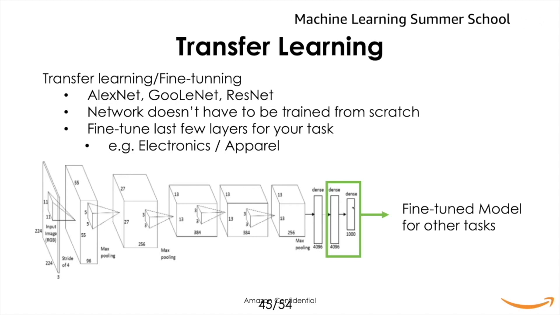Okay, suppose AlexNet trained on ImageNet has a 1,000 dimension layer at the end, and if your classification requirement is just 500 classes, you can remove this last layer, replace it with a 500 dimensional layer, and just retrain these last few layers. This is called fine-tuning the model.